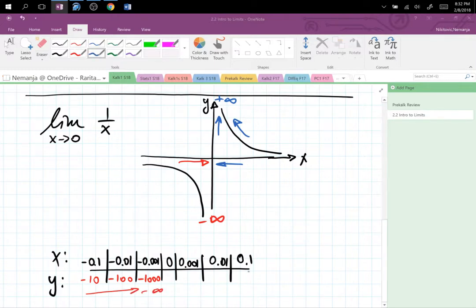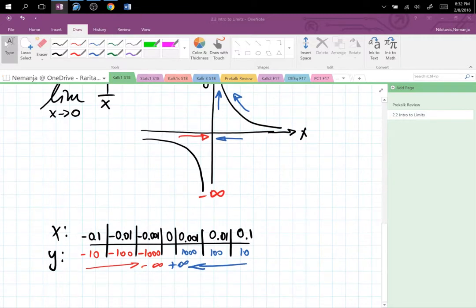As you are approaching from the blue side, you get 10, 100, 1,000, and this trend is positive infinity. On the one-dimensional line, negative infinity and positive infinity do not go the same way. So, no limit. They don't get to meet at the same point in space. One goes to positive infinity, one goes to negative infinity.